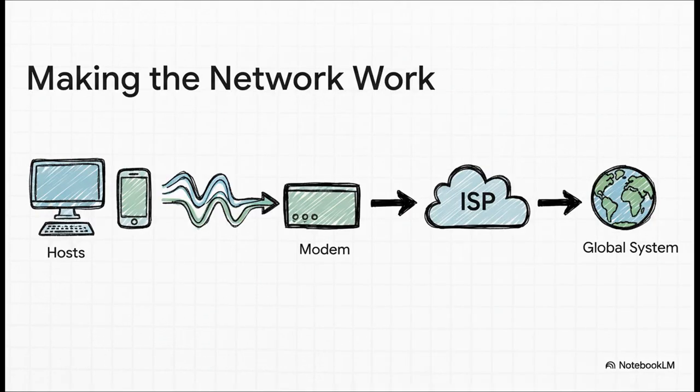And a few key pieces make this global network tick. You've got the hosts, that's all of our computers. You've got the communication media, the actual physical stuff like fiber optic cables and satellites. You've got your modem, which is your personal on-ramp to the system. And finally, your ISP, the Internet Service Provider, which is the company that connects you to this whole worldwide network.